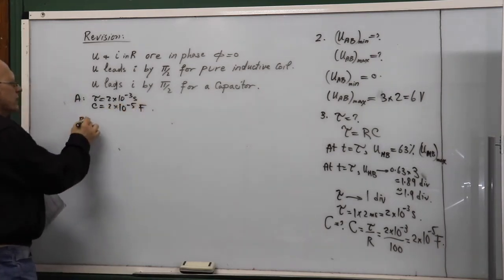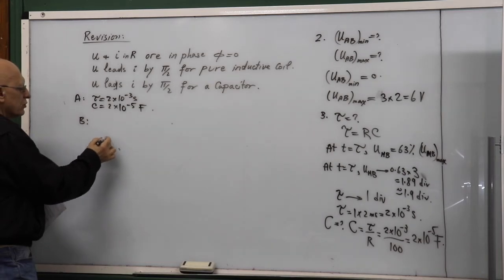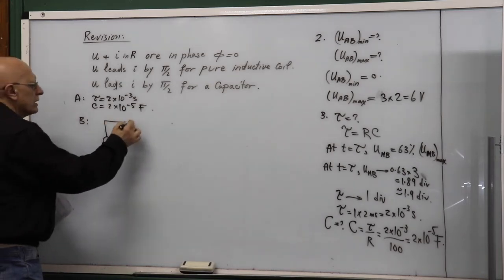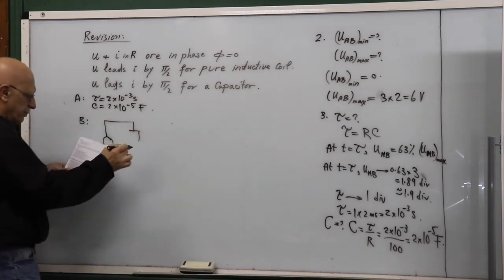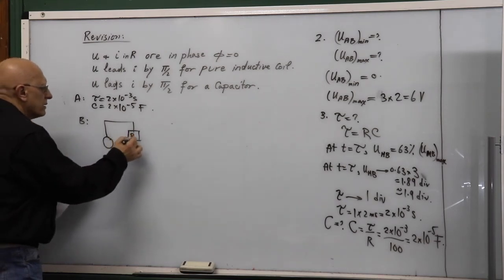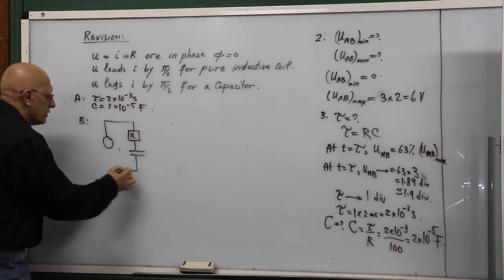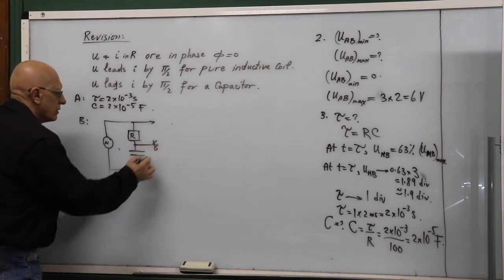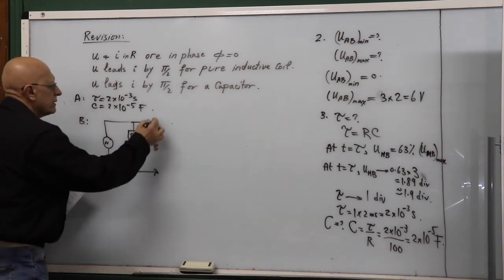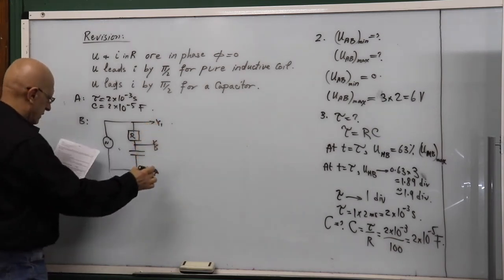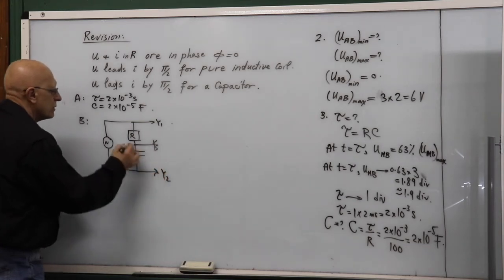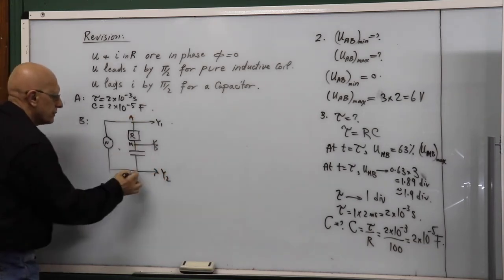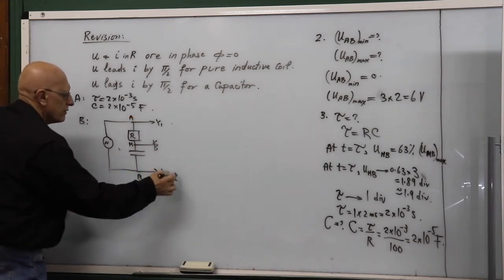In part B, you still have the same circuit shape, but I replace the square voltage from the low frequency generator by an alternating sinusoidal voltage. This is Y1, this is Y2, MA, MB, plus the invert.